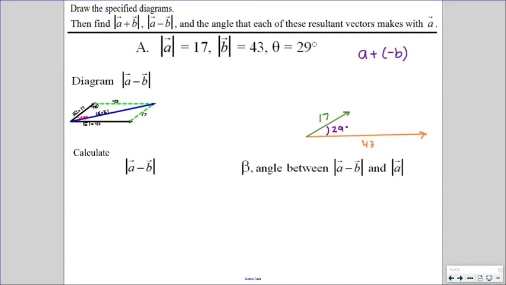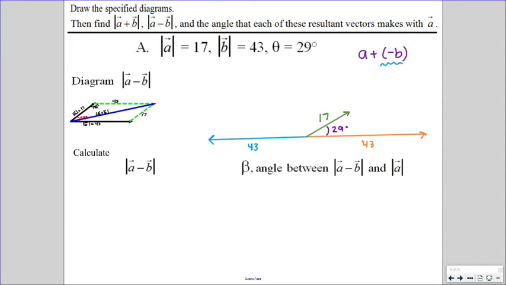So what I'm going to do is construct this negative b vector, which means I'm going to look at my vector that represents b, and the negative vector is just the vector that goes in the opposite direction and has the same magnitude, so it should have the same length. So it's not negative 43, it's still 43 in magnitude, but that is our negative vector.